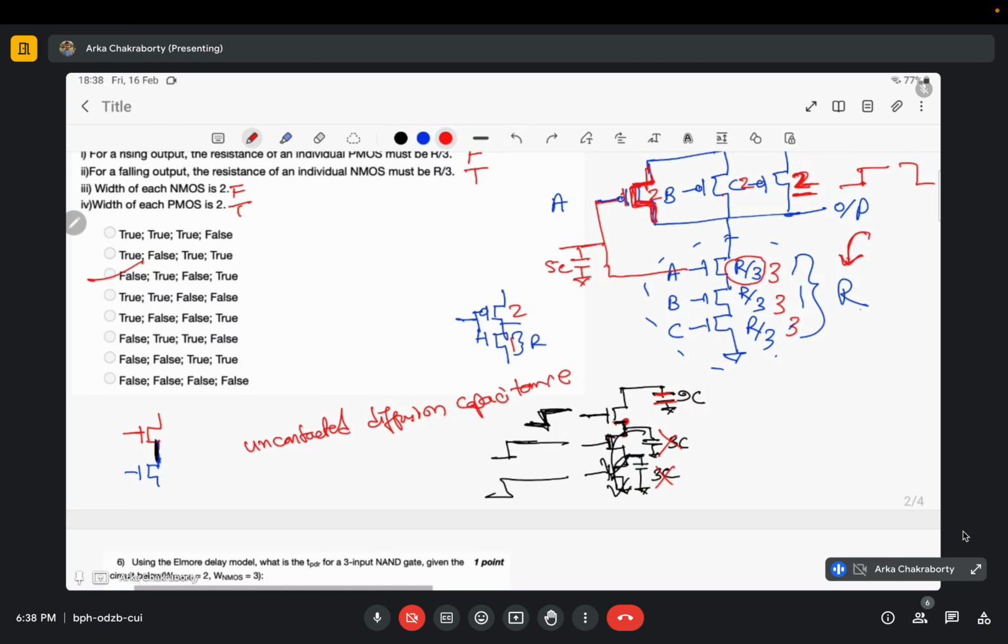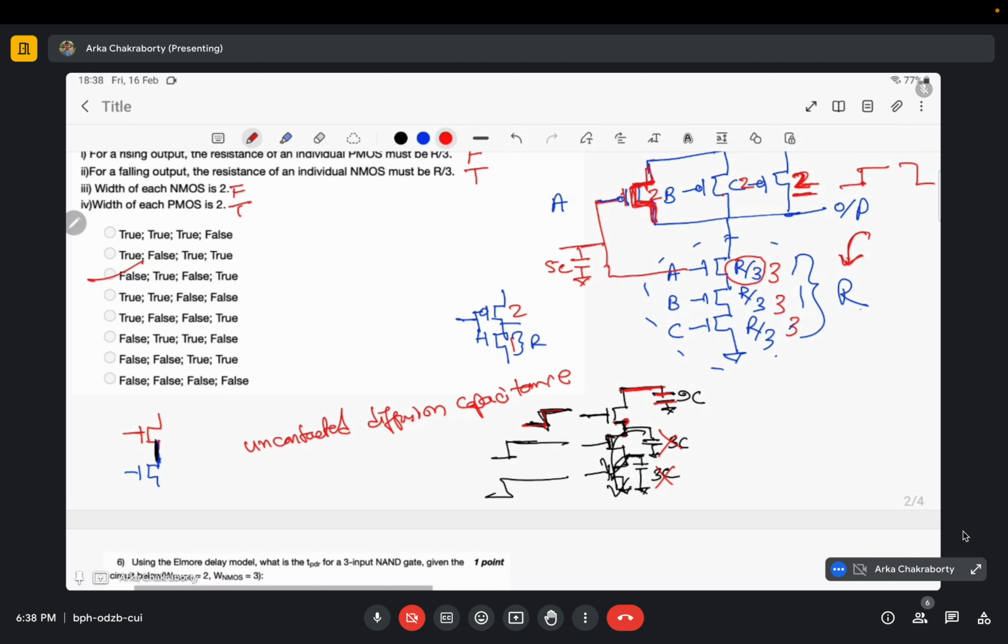Okay, and you have to understand that this concept is generally used when you want one of the inputs to be much faster than the other inputs. When one of the inputs needs to be more critically timed or faster than other inputs, what we will generally do is connect it closer to the output node.